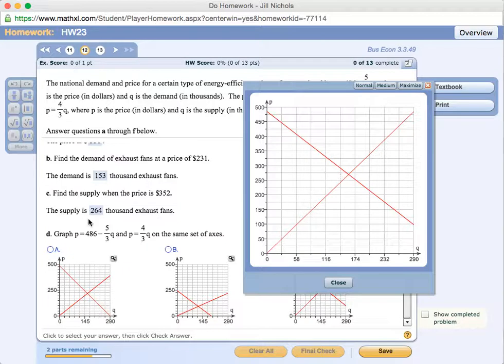So let's look at the supply one. When supply price is 352, that's up here, going all the way out to the supply function. The supply is 264, so hold on, 352 is right here, here's 350, and 264 doesn't quite line up either.